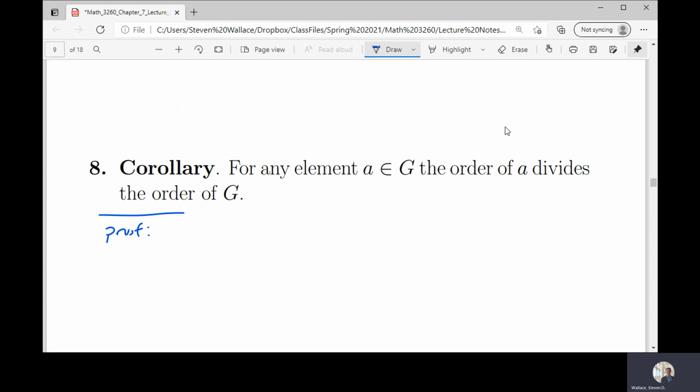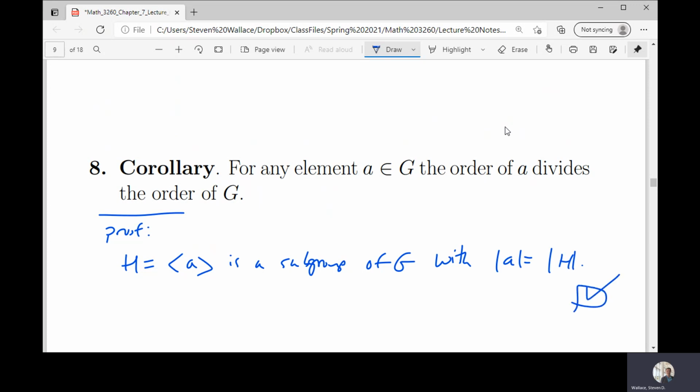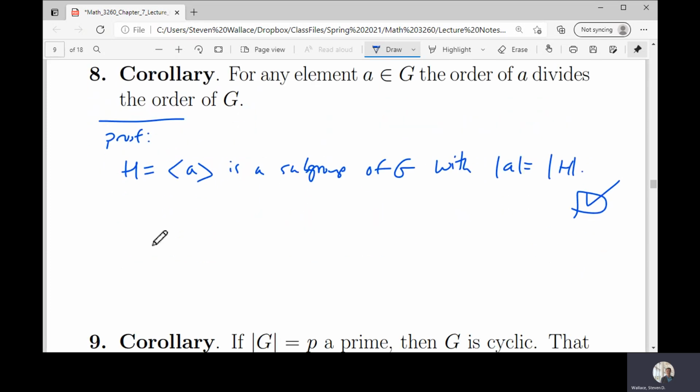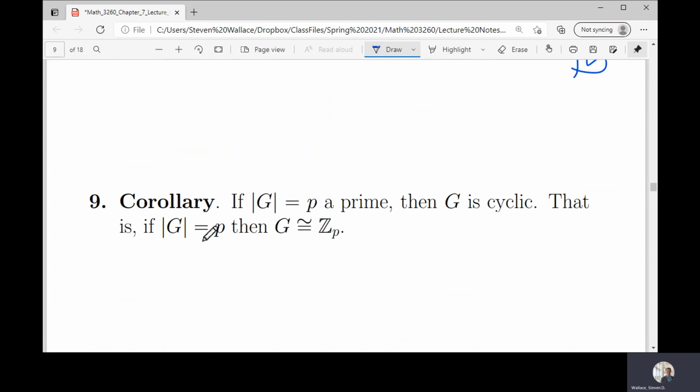This is because you can take the element and find the subgroup generated by that element, a cyclic subgroup, with the order of a equal to the order of H. And since the order of any subgroup must divide the order of the group, that shows that much there.